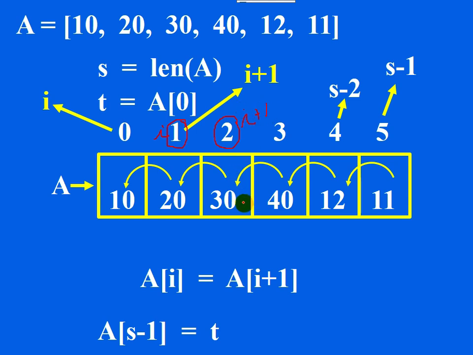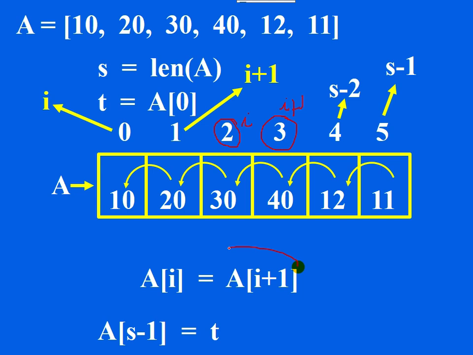Okay, so here A of I plus 1, 30 is assigned to A of I, so here 30 comes. So here 20 came and here 30 came. Now in order to perform this shift, same statement, but what about I? This time your I is 2 and your I plus 1 is 3.